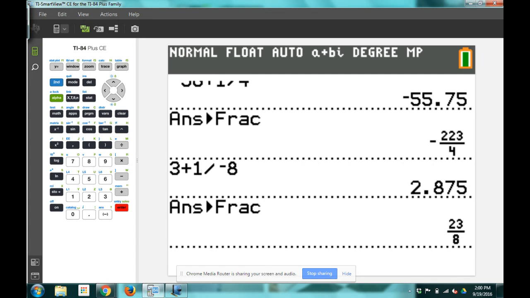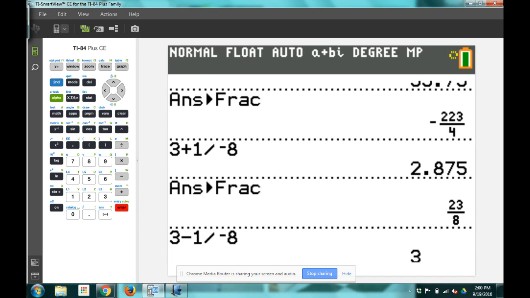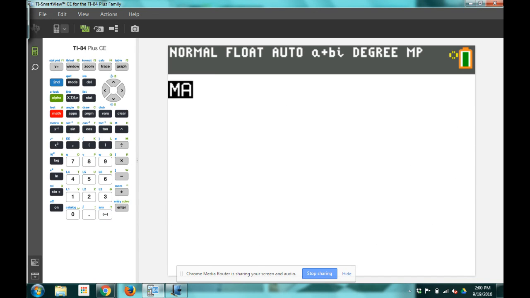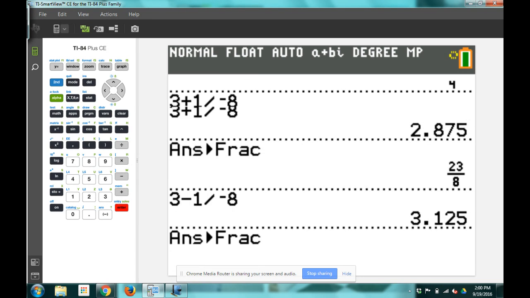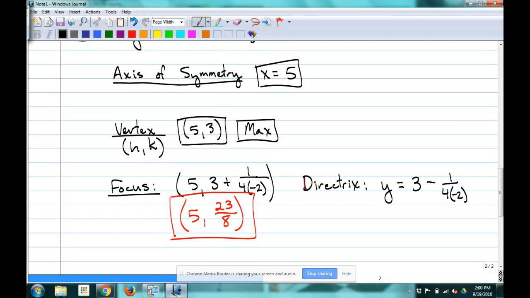It's just changing that to a minus sign. 3 minus 1 divided by -8. Math, enter. 25/8. So y equals 25/8. And remember, the directrix is an equation.